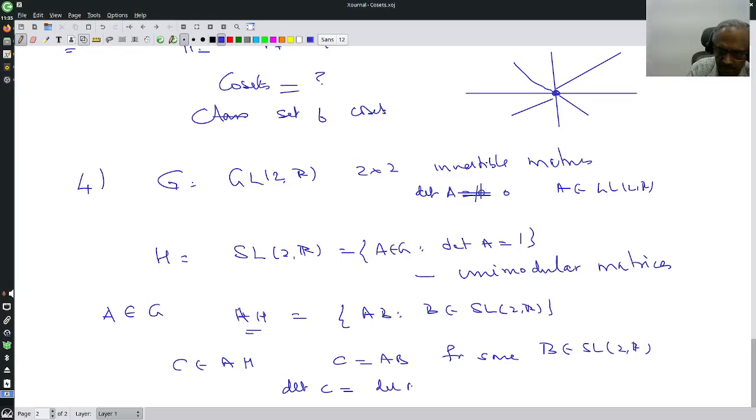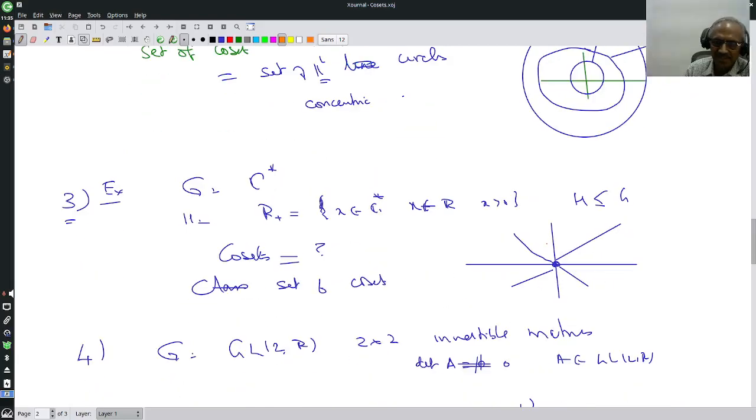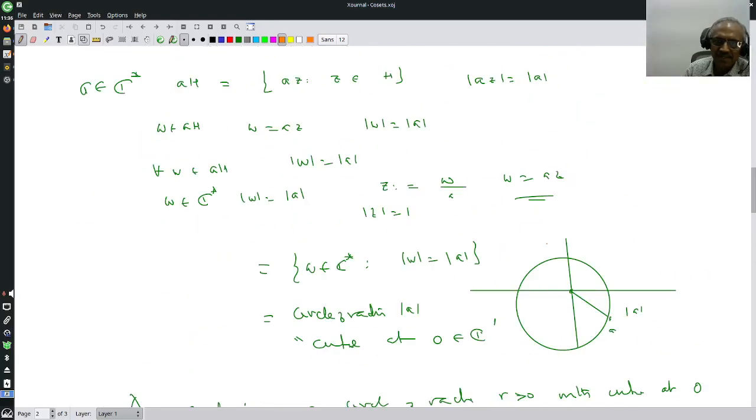The determinant of C is the determinant of A times the determinant of B. But the determinant of B is 1, therefore it is the determinant of A. So what I have shown is that if C belongs to the coset AH, that implies the determinant of C is the same as the determinant of A. You see that it's very similar to this case.